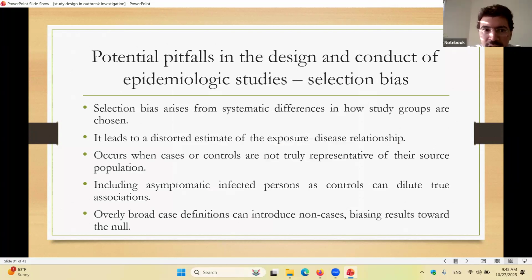I want to talk about some potential pitfalls in designing and conduct of epidemiologic studies. Please pay attention to these points. The first one is selection bias, which is a potential pitfall in designing and conducting epidemiologic studies. Selection bias arises from systematic differences in how study groups are chosen. It leads to a distorted estimate of the exposure-disease relationship.